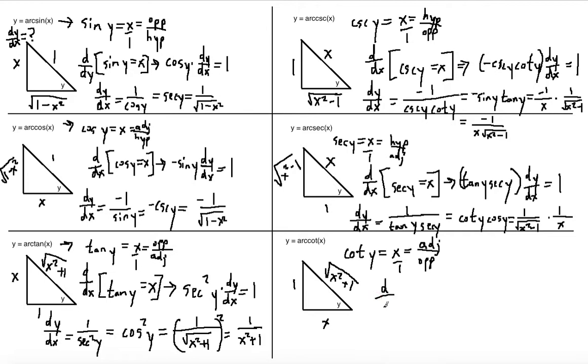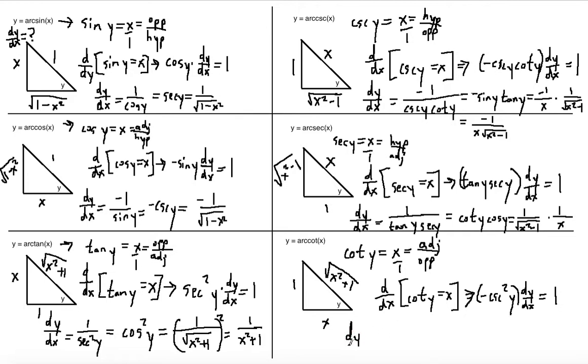Should be published soon. All right, we're going to take the derivative of our cotangent of y equals x equation, and we will get out, let's see, derivative of cotangent is a negative cosecant squared times dy dx, and then the derivative of the other side will equal 1.